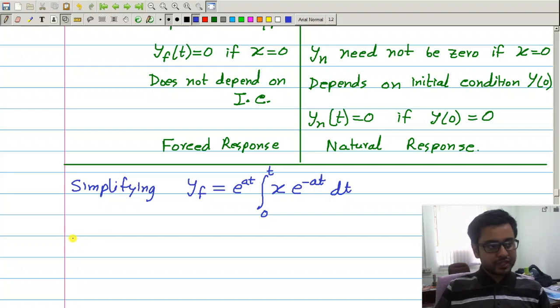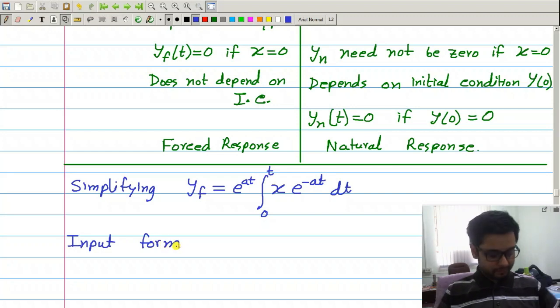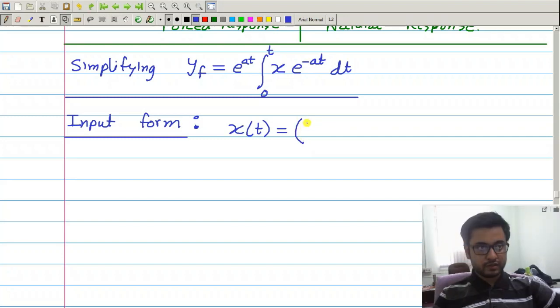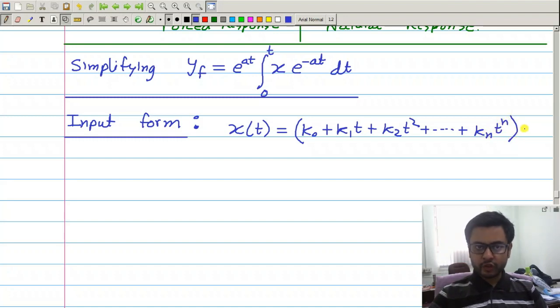We shall assume the input to be of the following form. x(t) is equal to some polynomial like k0 plus k1 t plus k2 t square plus dot dot dot up to kn t to the power n, whole multiplied with an exponential e to the power at.